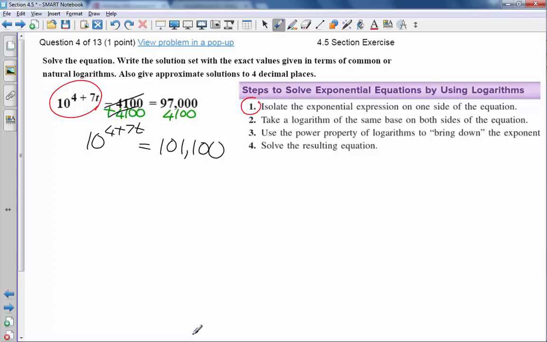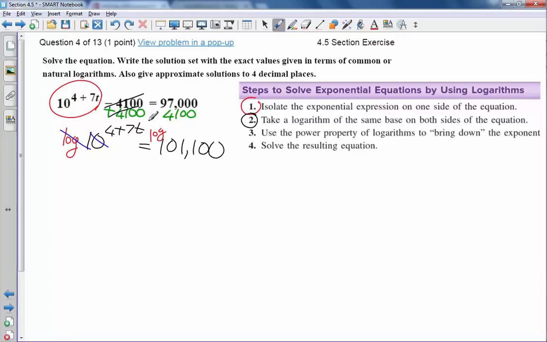Next, take logarithms. Which kind are you going to take? Yeah, because it's base 10 already, base 10 or regular log, the common log, that's what we call it, is the best.